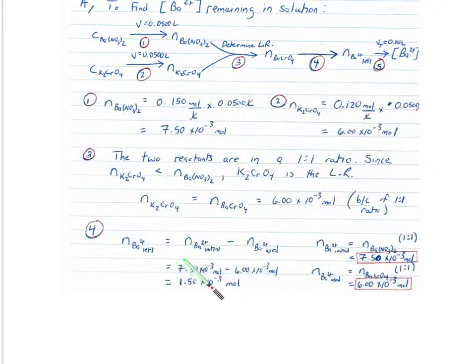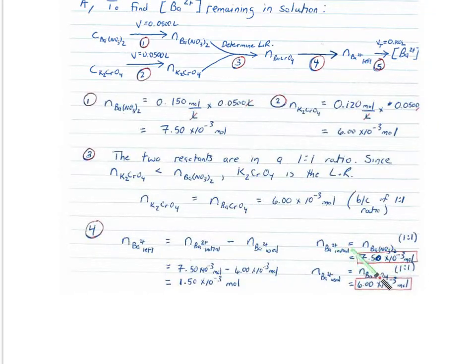But here's where it takes a turn. From this, I need to find out how many moles of barium remain in the solution. To do that, I'm going to take the number of moles of Ba2+ that were initially in there and subtract the number of moles of Ba2+ that were used. The number of moles of Ba2+ that were present initially are quite simply equal to the number of moles of barium nitrate that was present in the initial solution.